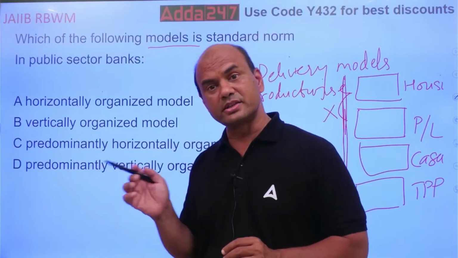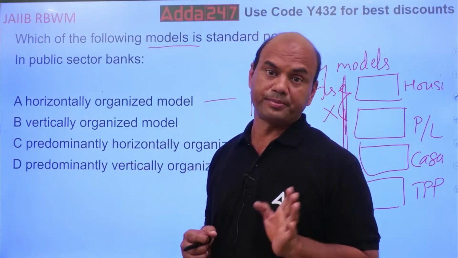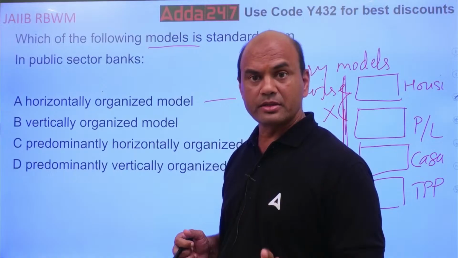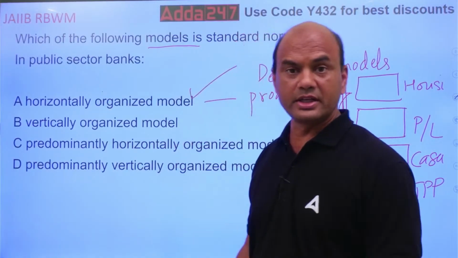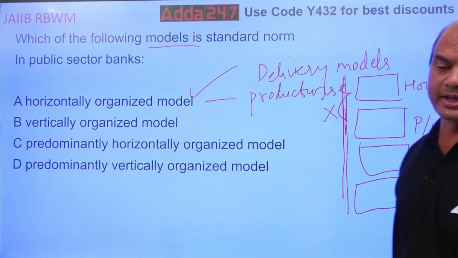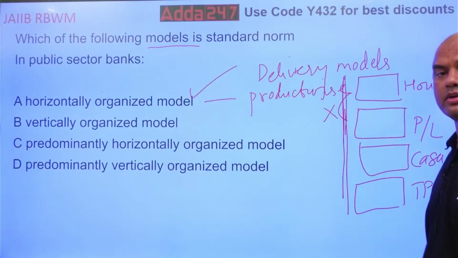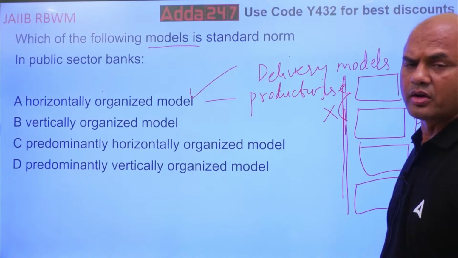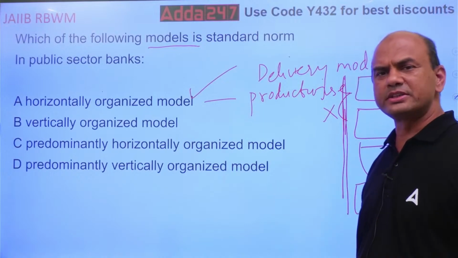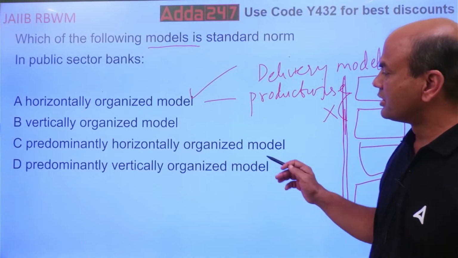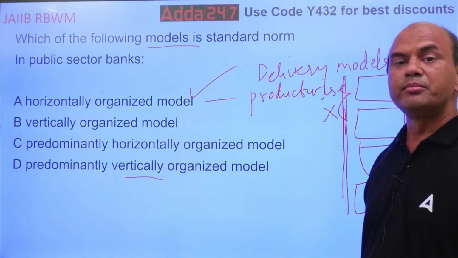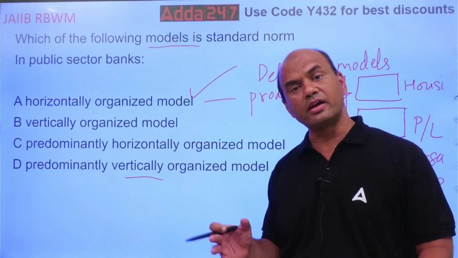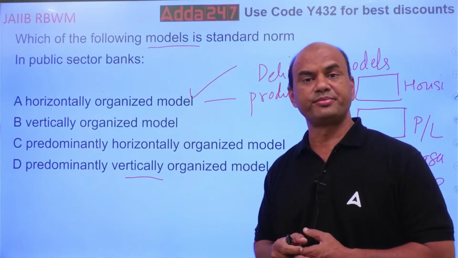But here you have to answer as per your book. As per the book, the model followed is horizontally organized. Nationalized banks still follow the horizontally organized model. Of course, in some nationalized banks or public sector banks, predominantly vertical has already started, meaning the majority of products have a common database.